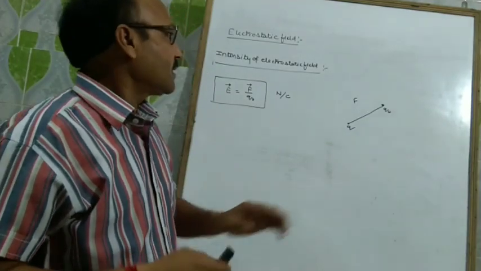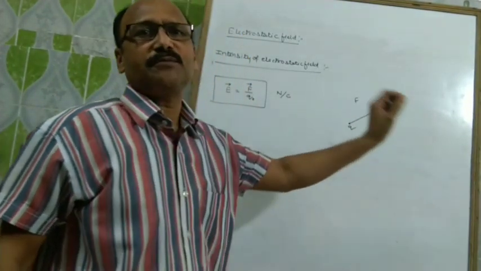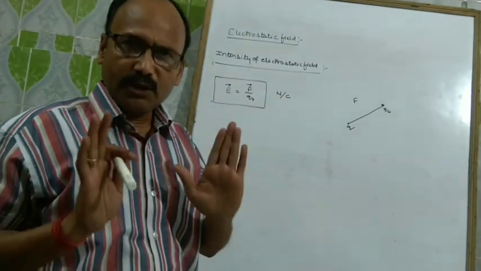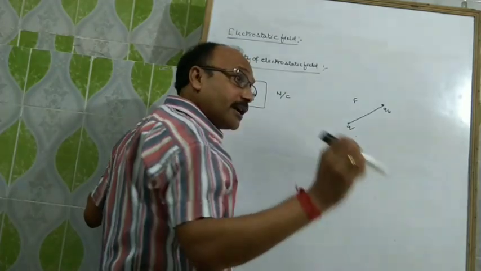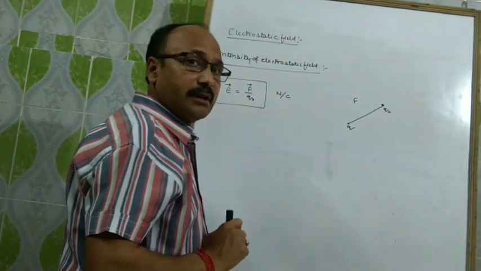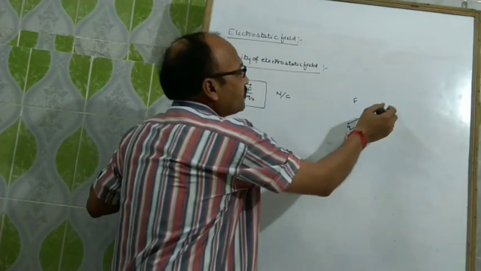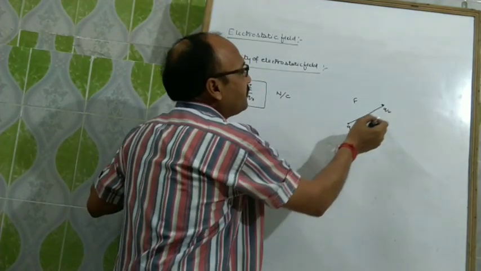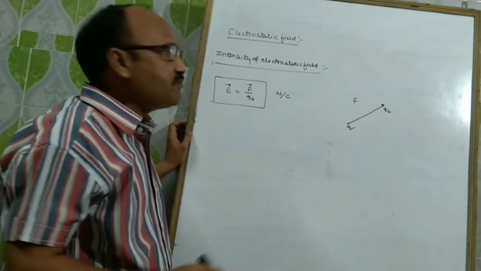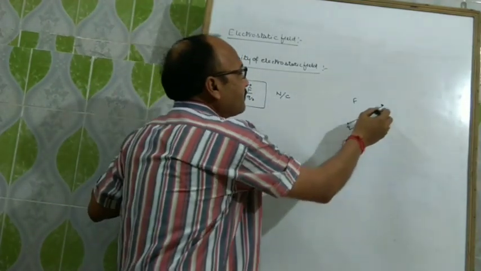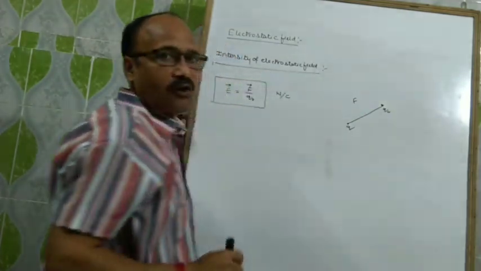The problem is, suppose you are taking a test charge here, meaning a positive unit charge. But we know that this test charge has its own electric field, which will be just opposite to this electric field. It means this E will not be the correct measurement.